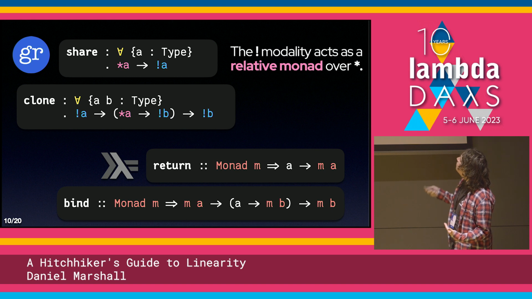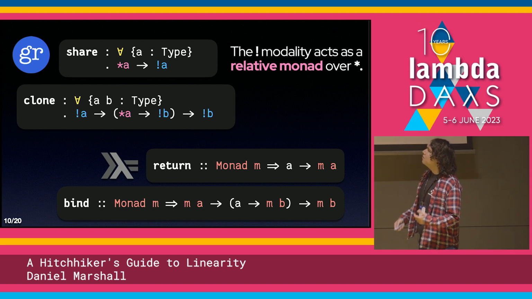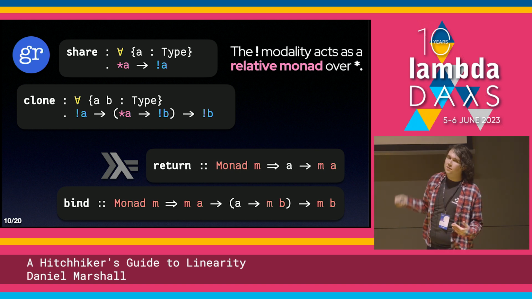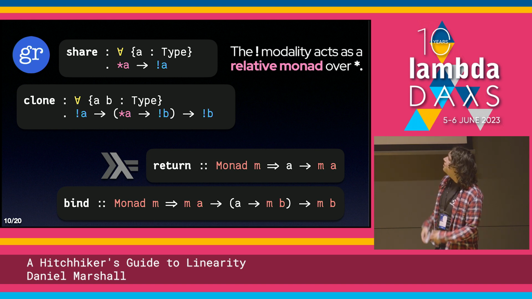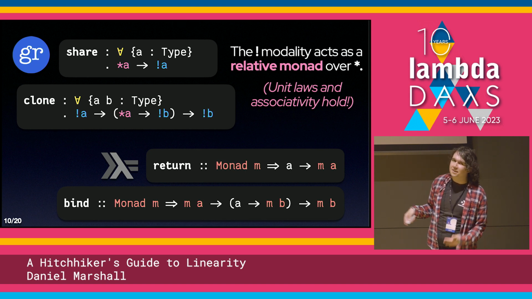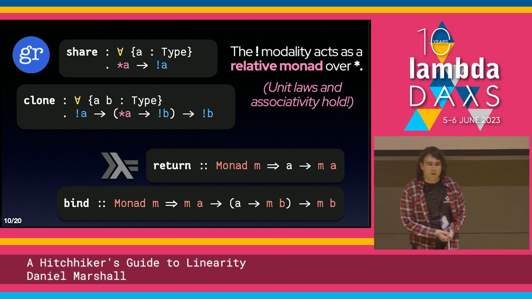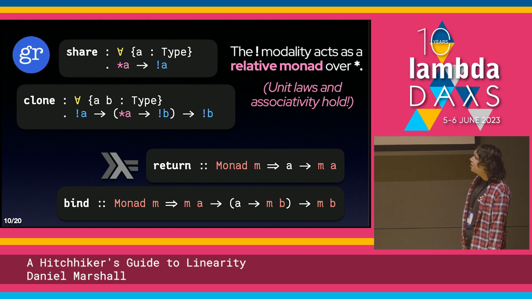Or in other words, the bang modality is acting as a relative monad of a star. So there is monadic behavior going on here, we just have to account for this extra modality, and so we end up with a relative monad. And for people who really know about these things, there are some extra properties that a relative monad does have to follow, and this thing does indeed follow them. So it's nice to know that we've uncovered some kind of deeper structure here in the way this thing behaves, rather than just coming up with an arbitrary modality with arbitrary rules.